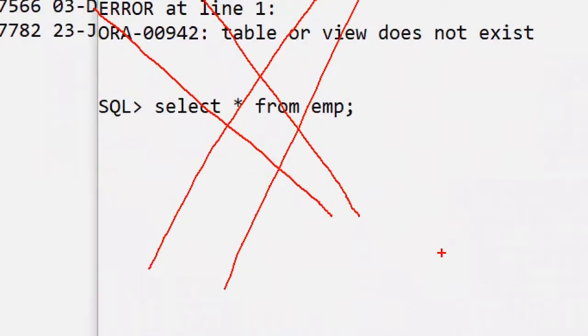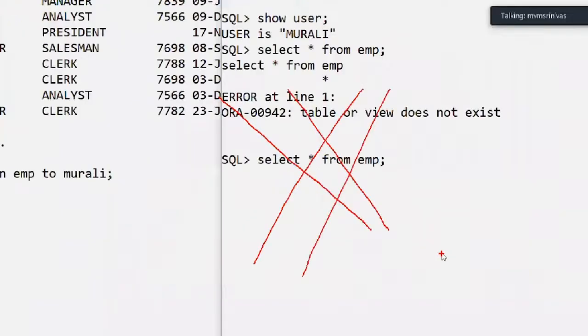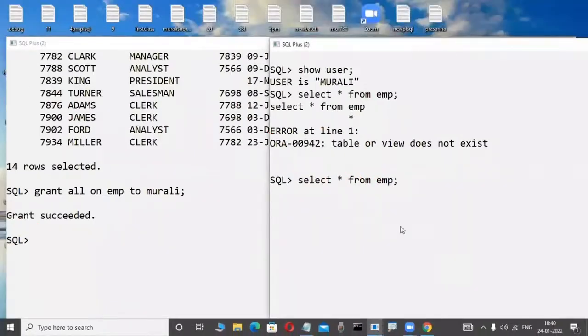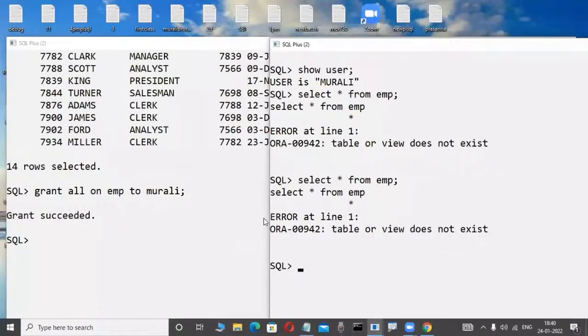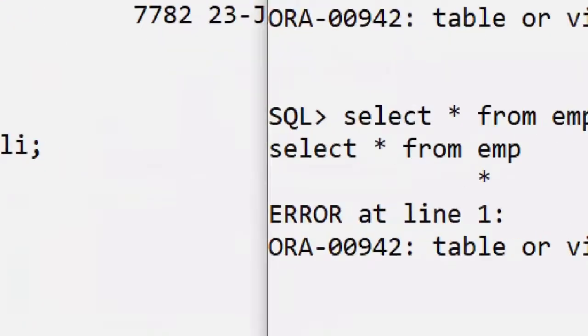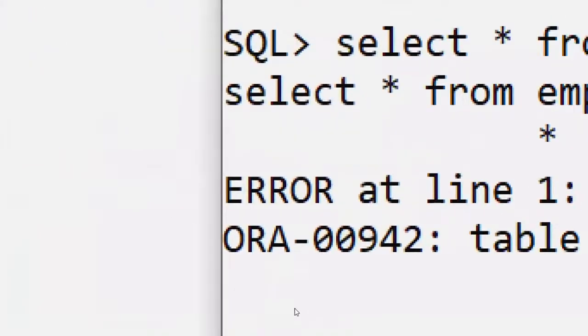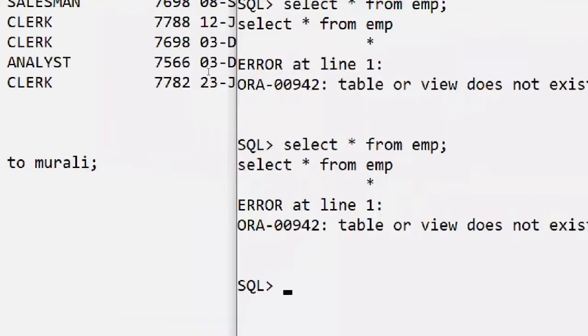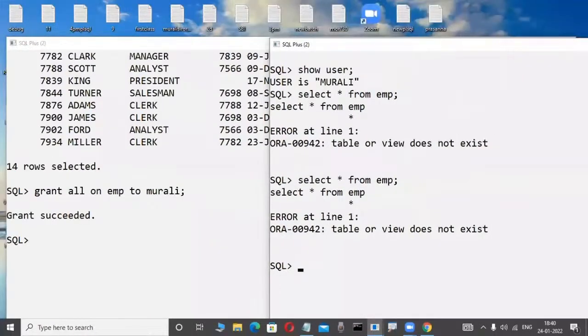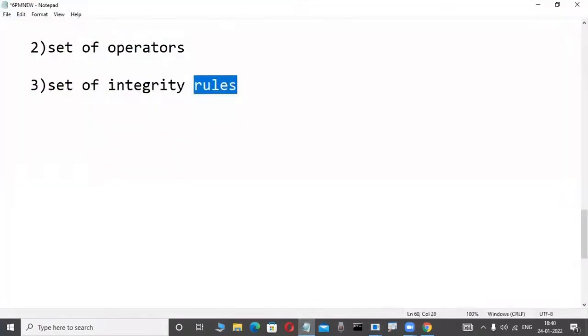So how is it not working? What is going on? We imagined it would work, but unfortunately this is not working. Why is it not working? Observe here. Suppose I type like this, again it will give an error. Why? If we use any relational data model product, we must follow some rules.